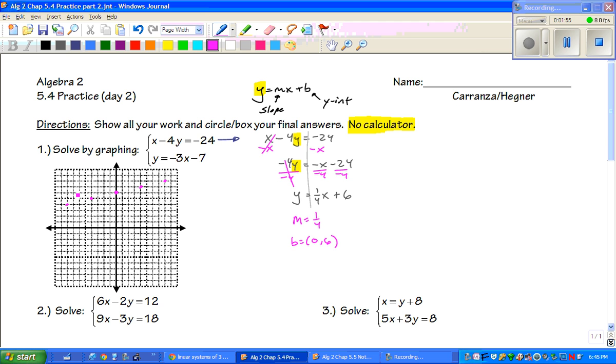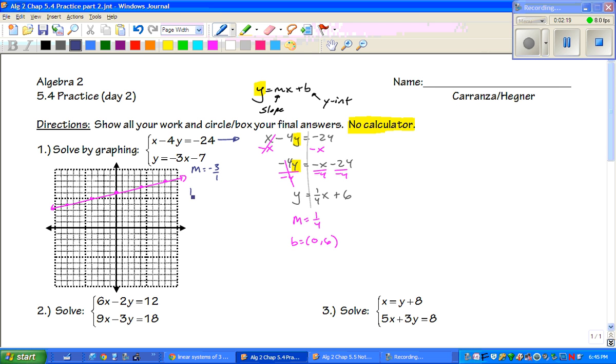Once we get a nice line like that, we have to graph it. Trying to find my handy dandy ruler, because we have to make sure those lines are nice and straight. There we go.